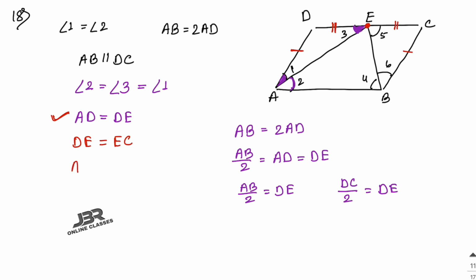Now you can write down AD is equal to BC. So that means EC is equal to BC.